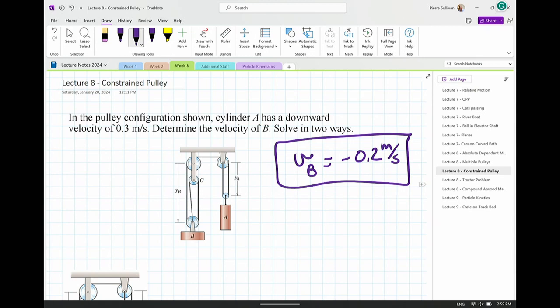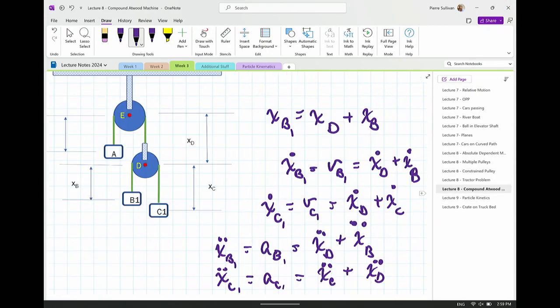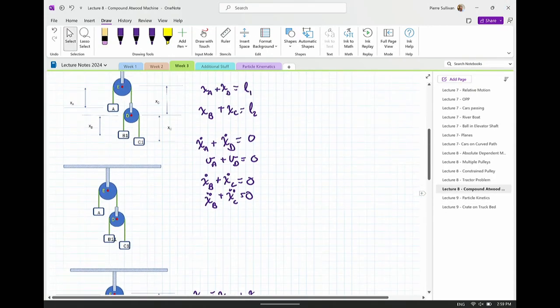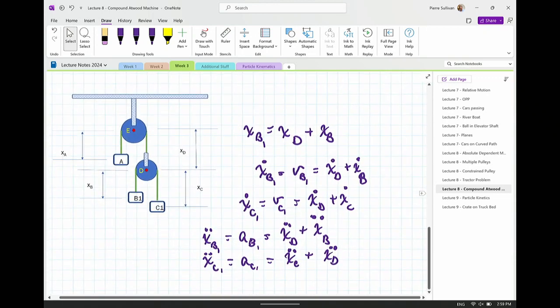Yeah. When you made the first equation where the xb1 equals xd plus xb, the first line, how did you do that for xd is not... So that length is changing.